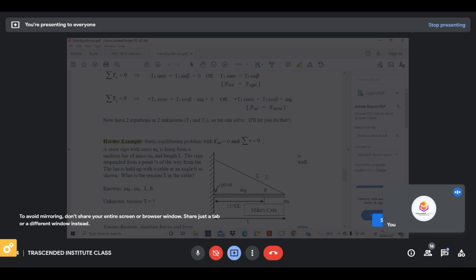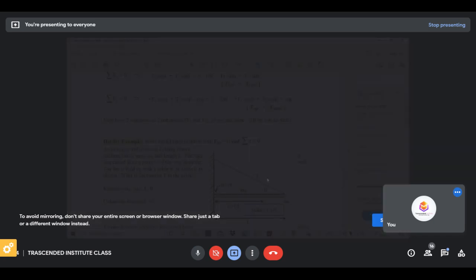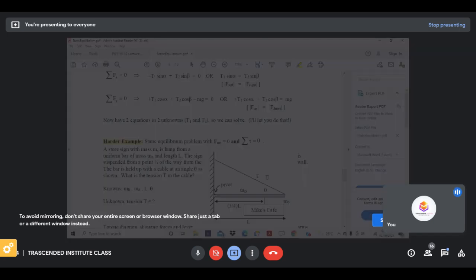So now what's the question saying? The question is saying what is the tension in the cable? Let's try to attempt this one. If we are able to analyze this one correctly, then we should be able to answer questions on this topic.